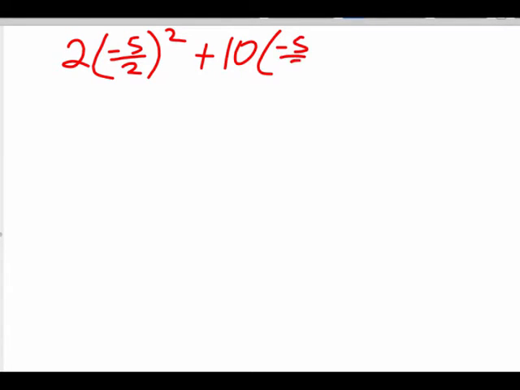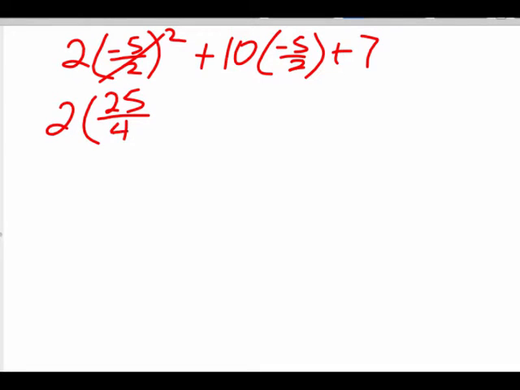All right, so let's do that real quick. We had 2 times negative 5 over 2 squared plus 10 times negative 5 over 2 plus 7. When you square that, I get 2 times 25 over 4.